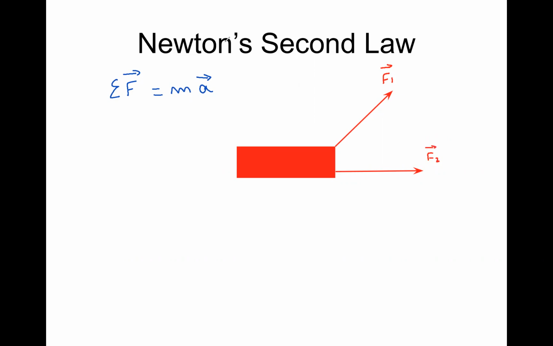Okay, the total F applied on the object, in this case we have F1 and F2, and the line of motion is in this direction. Here we have the velocity of the object. In this case, V increases.